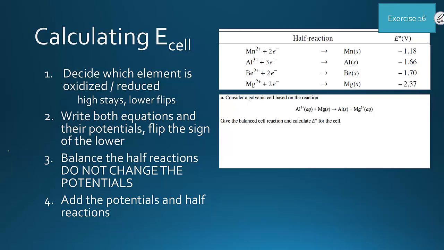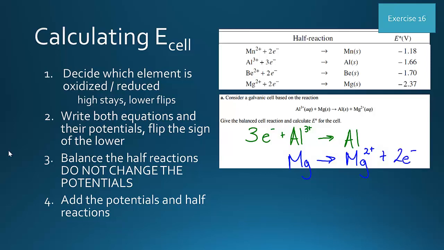So in a battery produced from aluminum and magnesium, aluminum ions go from being aluminum ions to solid aluminum. The only way that aluminum could form a solid is if it were to pick up electrons, specifically 3 electrons. Solid magnesium is going to form magnesium cations by giving up electrons.